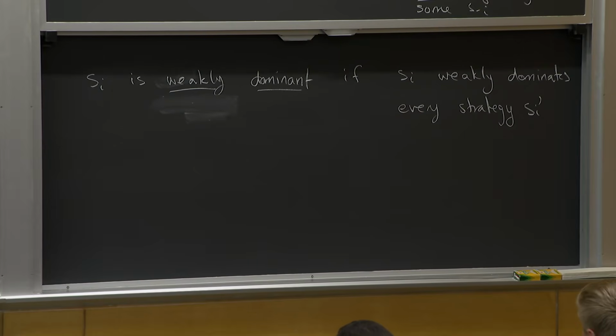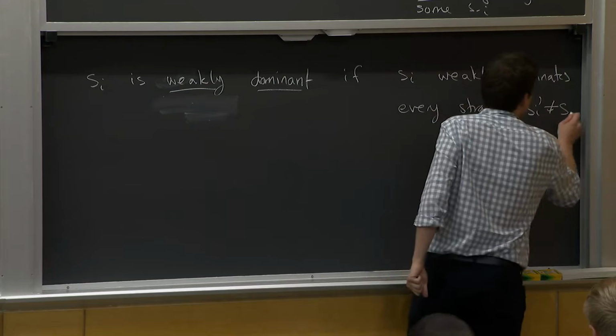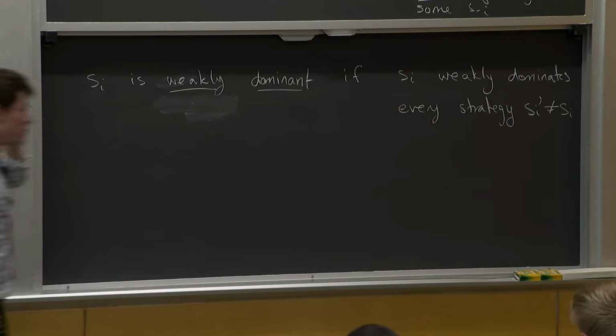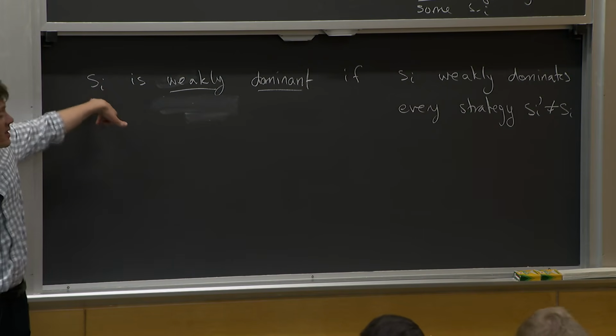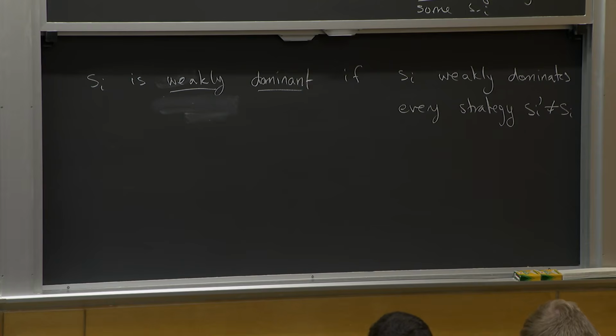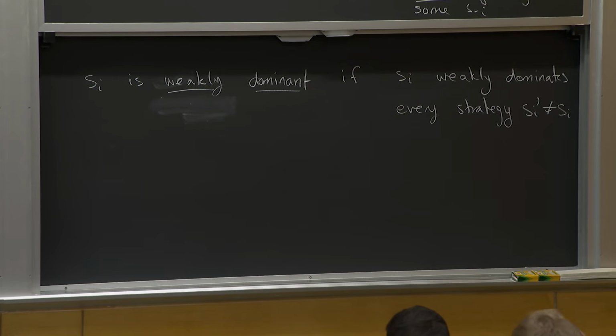I can't say every strategy because SI can't dominate itself, right? So every strategy SI prime that's not equal to SI. So we think that in this case, if player I has a weakly dominant strategy, that's a pretty safe prediction about how that player will play in the game, about which strategy that player will use.